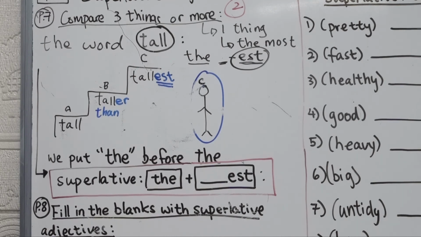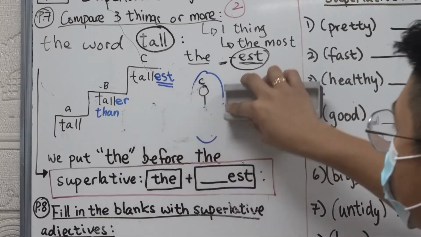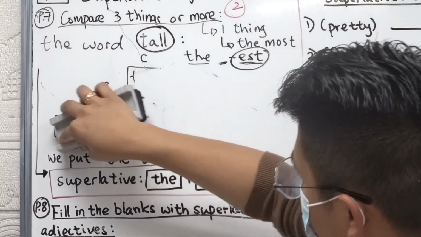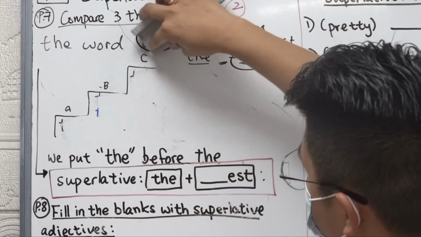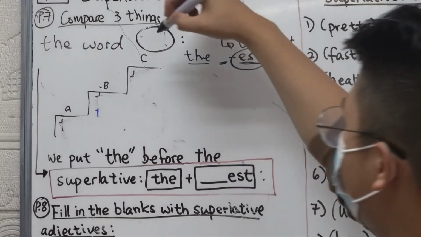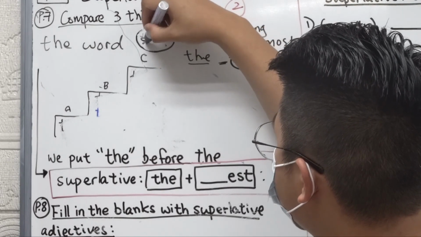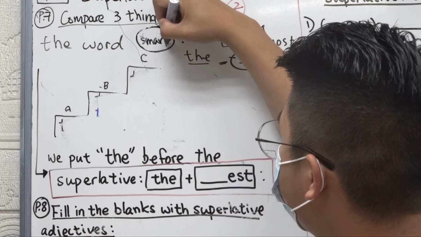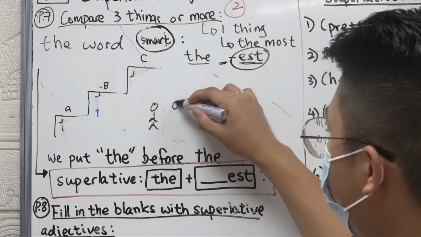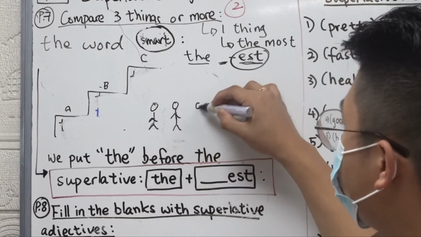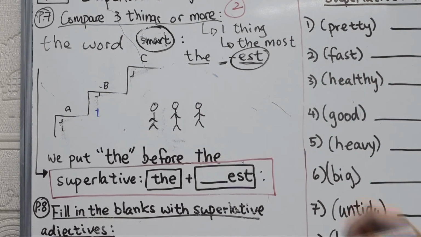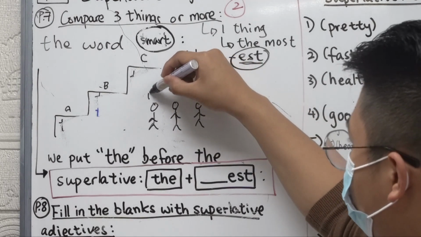Alright, what about the word smart? Let's try the word smart, S-M-A-R-T. Again we have people: person A, person B, and person C. On the test, person A only got 15 out of 100.